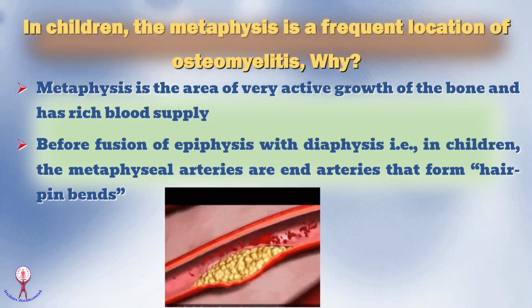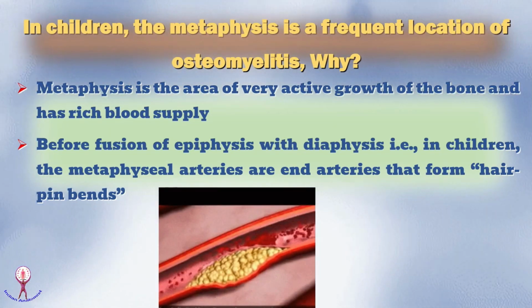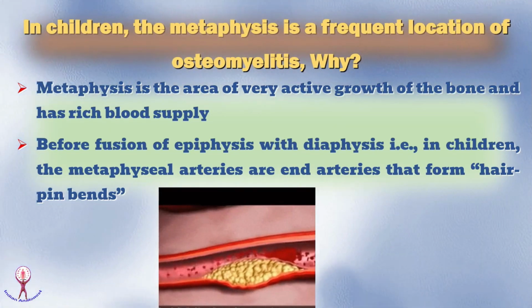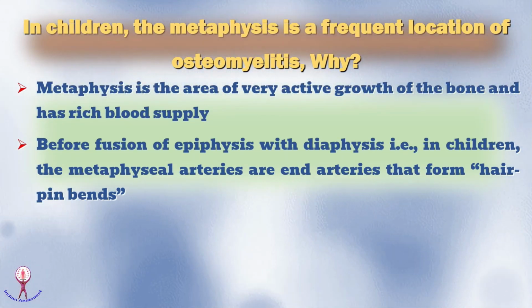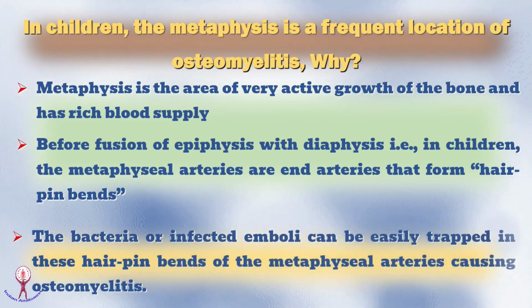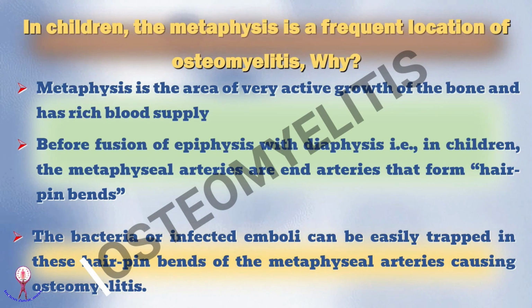Before fusion of epiphysis with diaphysis, that is in children, the metaphyseal arteries form hairpin bends. The bacteria or infected emboli can be easily trapped in these hairpin bends of the metaphyseal arteries, causing osteomyelitis.